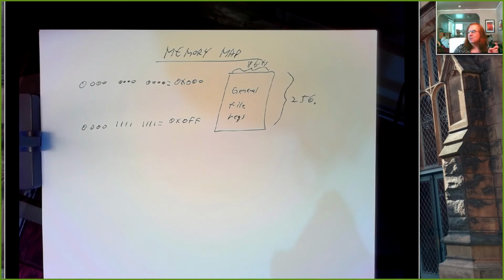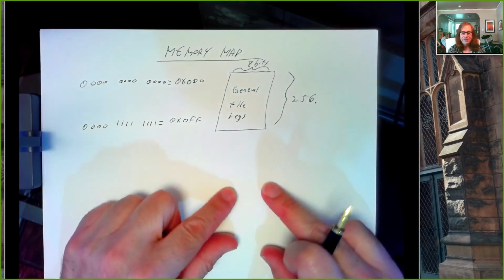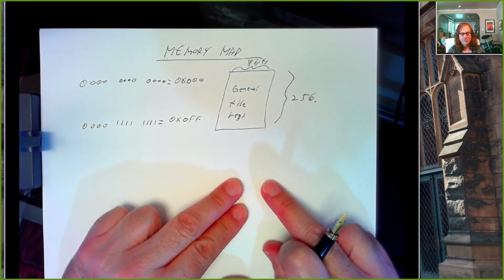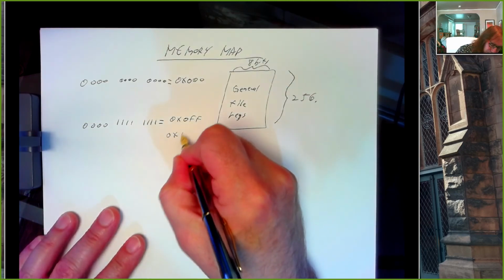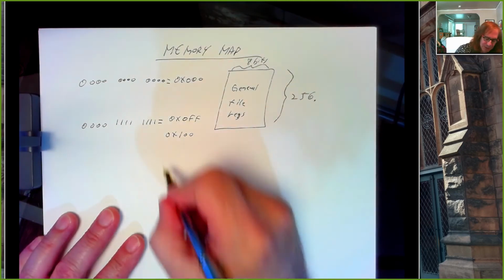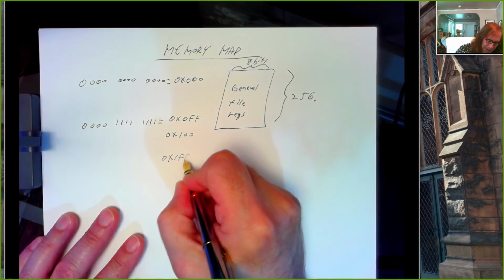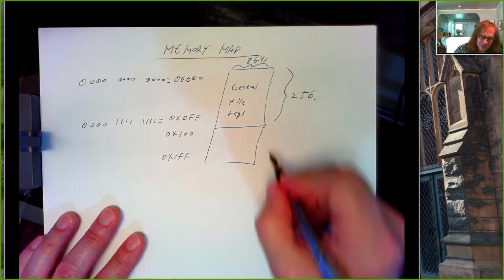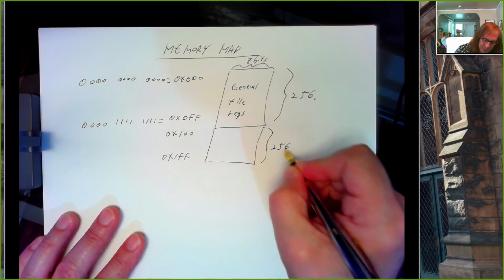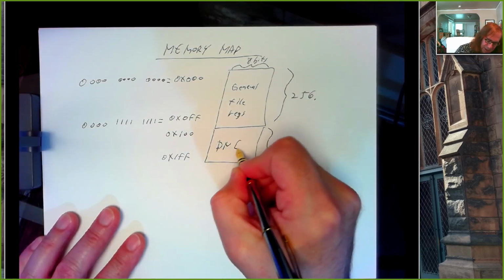Now, it turns out on other processors, not the PIC 18F1220, there might be 512 general file registers. And so there might be something at hex 100 through 1FF, there could be a second bank of general file registers. Well, this does not exist on our processor.